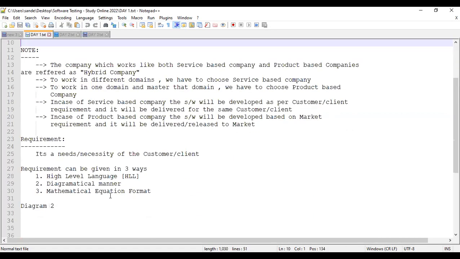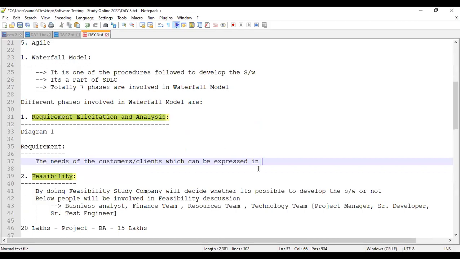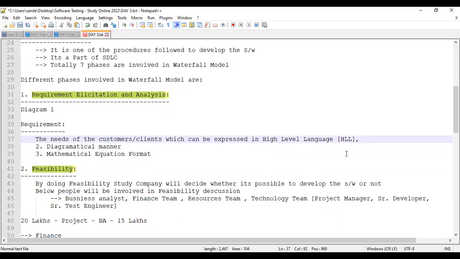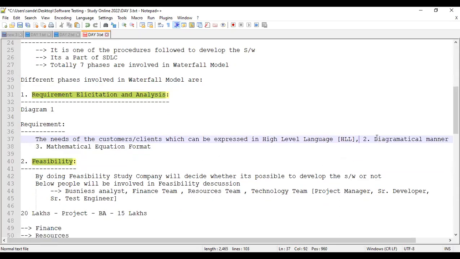In which format they can express, which can be expressed in high level language, or in diagrammatical manner, or using mathematical equation format. Is that clear?